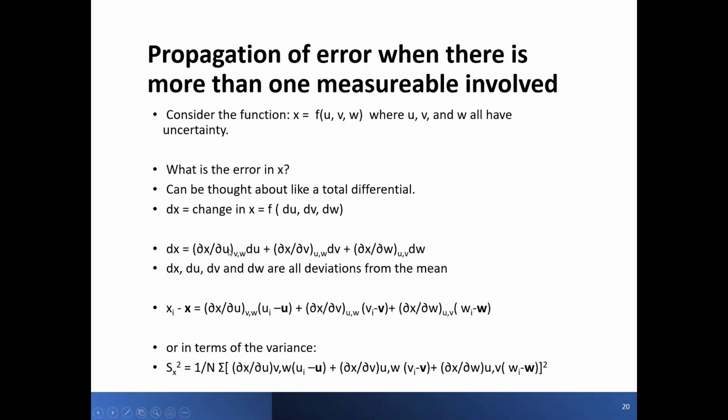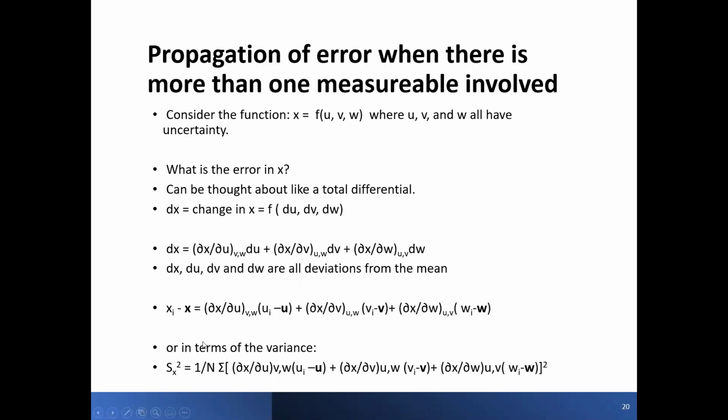So we add these partial differentials all together. And this du, dv, dw are all the errors from the mean of u, v, and w. Okay, does that make sense? So I just applied the definition of differential.